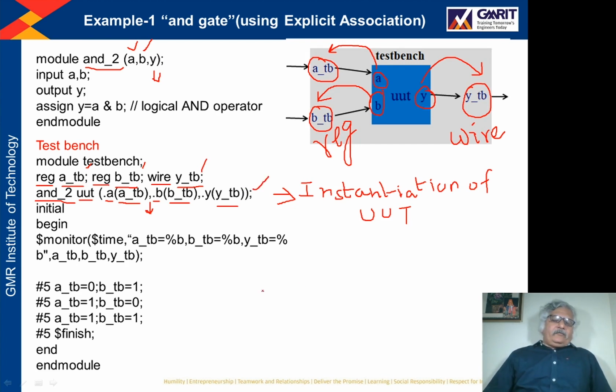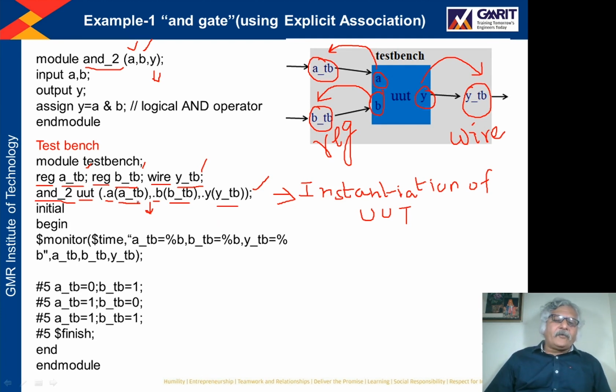This type of instantiation is called named instantiation. Here we are giving the name that the A input is instantiated with A_tb, or the B input port is instantiated with the B_tb pin of the test bench, like that.